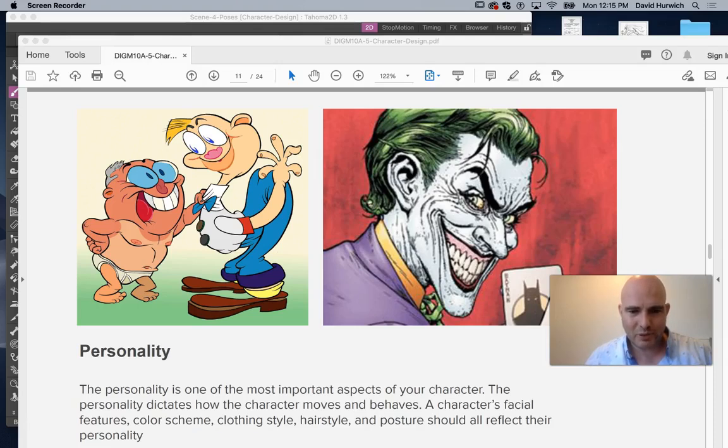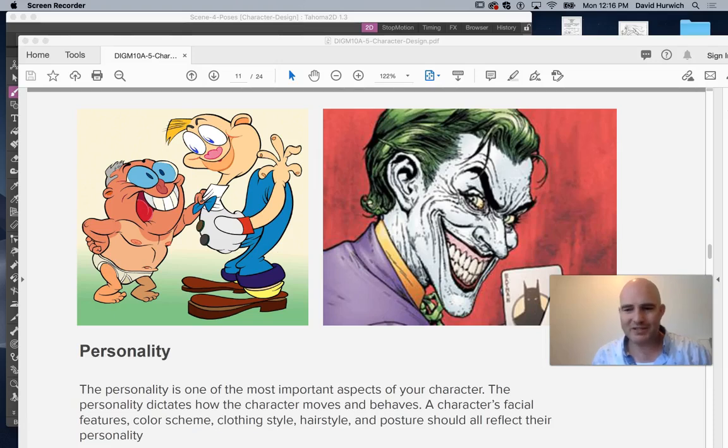This could be the way its personality and how it speaks or how it behaves, how it moves. Maybe it has some wacky way of moving that's kind of weird. Maybe it's a certain color scheme. Or think about your favorite character, whatever it is. What does that character do that makes that character unique?